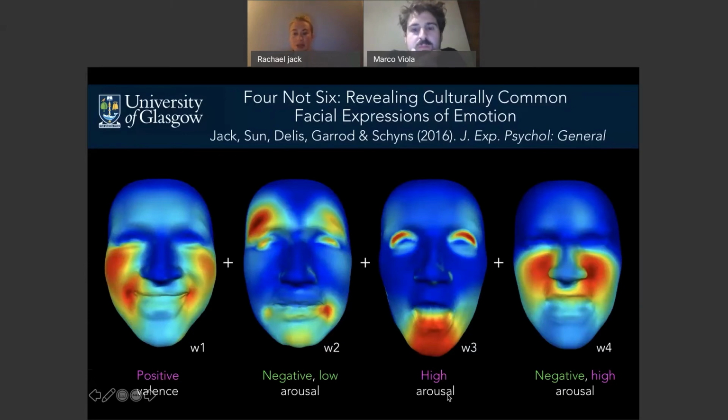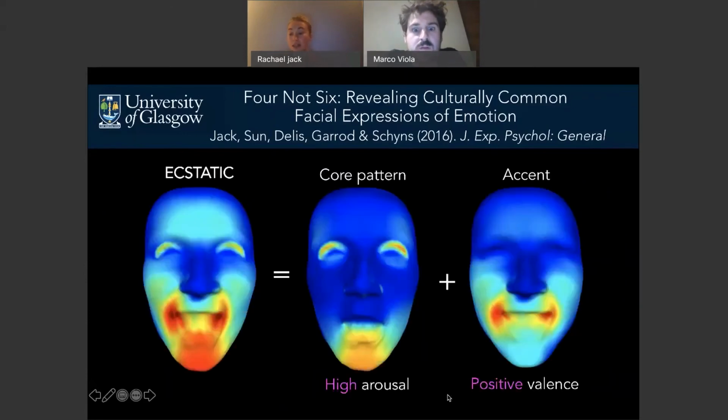So this means that each of these individual facial expressions of emotions that we modeled, such as ecstatic here, is a weighted combination of each of these 4 expressive patterns, such that each one has a core pattern, such as this high arousal pattern here for ecstatic, and then it has an accent to refine the meaning. So this is an accent from the positive valence expression pattern. So the main weight is in the first one, and then we have a smaller weight from this positive valence.